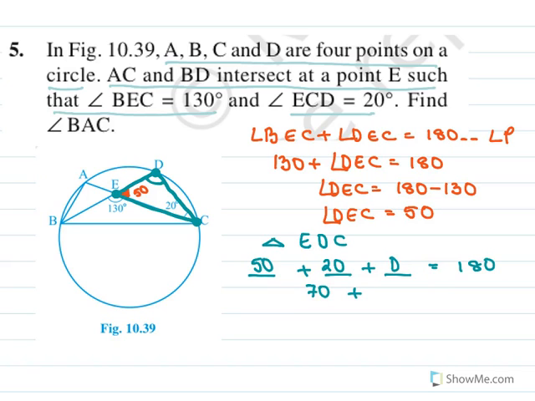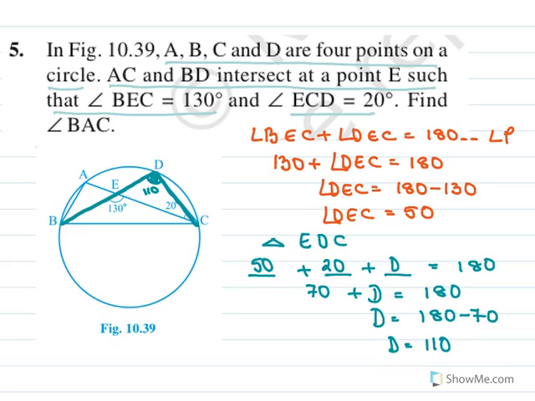So 70 plus D equal to 180. So D is 180 minus 70. So D is 110. So I have this angle D is 110. So this is the next step where we got D as 110. So in the earlier step we got D as 110.